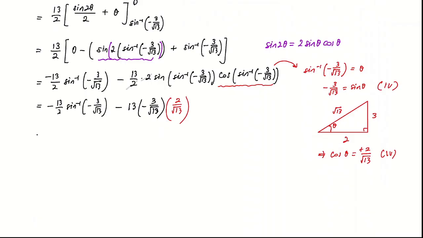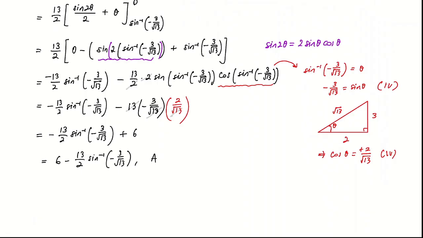Because of this, we can try to simplify. Now root 13 and the 13 in the denominator can go together. Then this one will be plus 6. So altogether 6 minus 13 over 2 sine inverse of negative 3 over root 13.